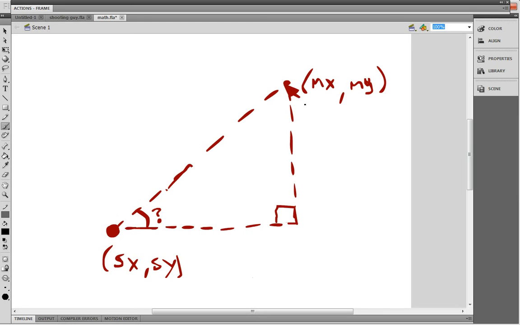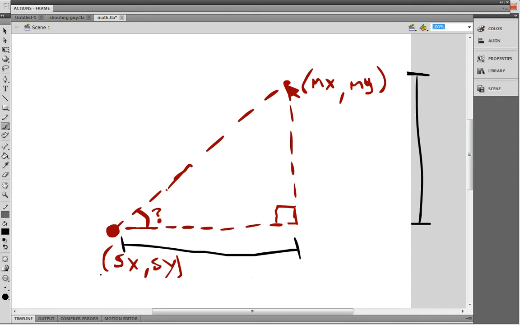Okay, so we have to find the length of this side and the length of this side. So what expression could represent the vertical one? This one. I kind of forgot what you wrote.